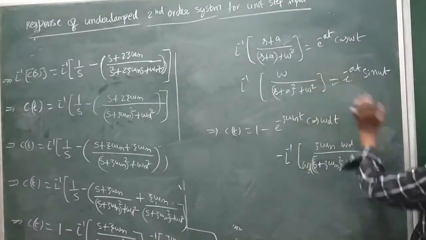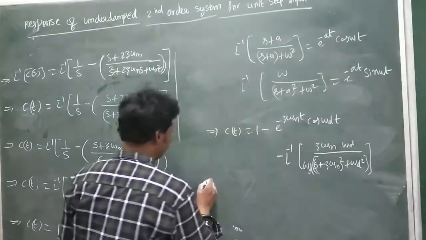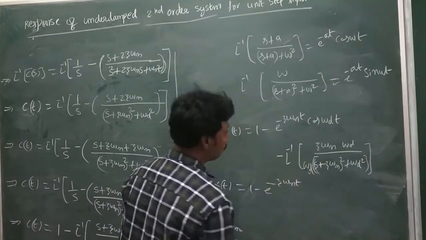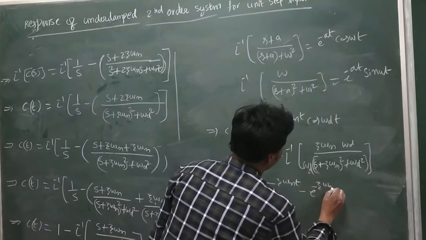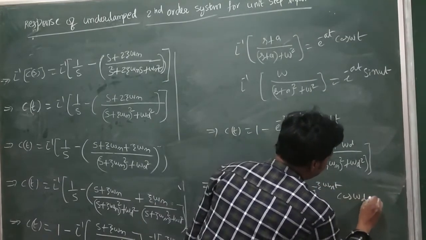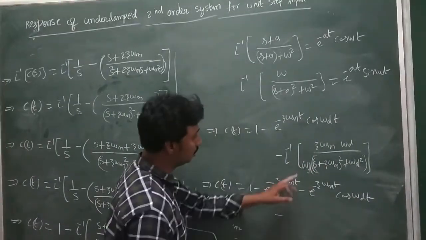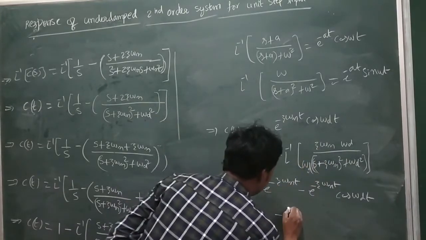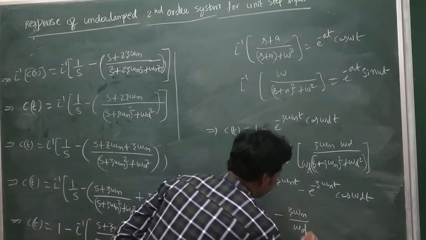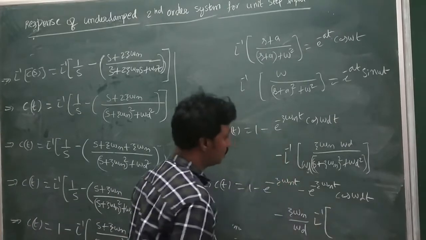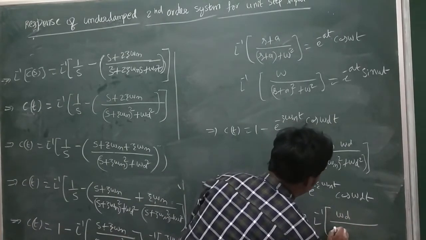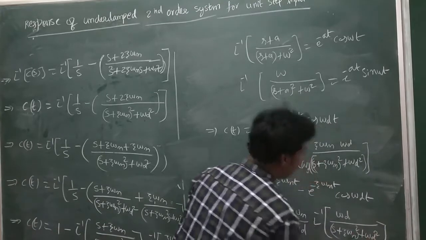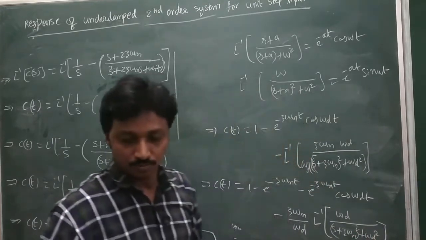Because I need to bring it into the formula form. So now C of t is equal to 1 minus e raised to minus zeta omega n t cos omega d t, minus. These are constants, so you can take them outside: zeta omega n by omega d, and L inverse of omega d by (s plus zeta omega n) whole square plus omega d square.